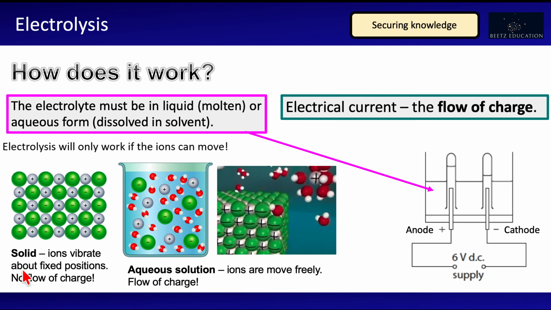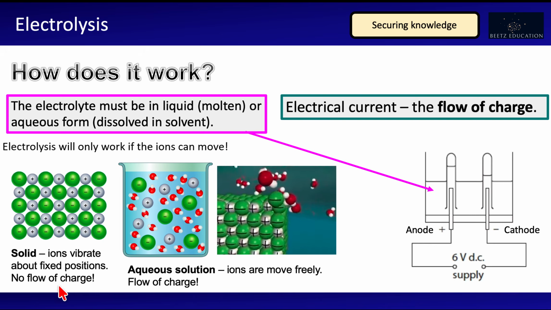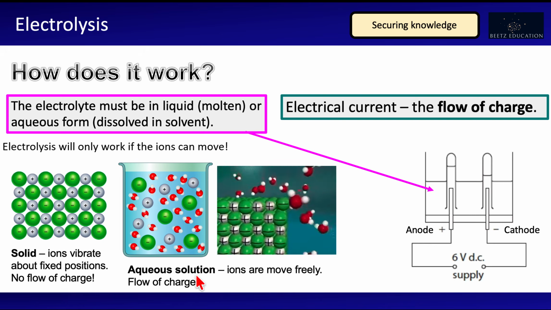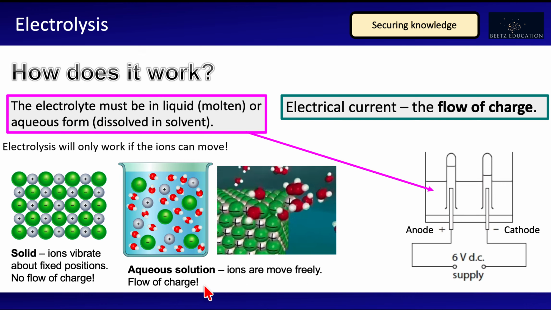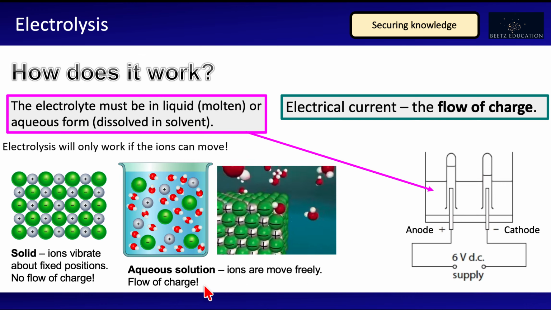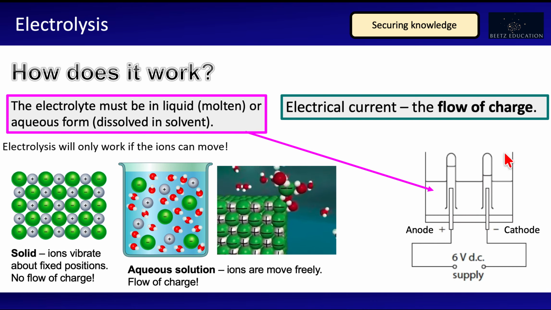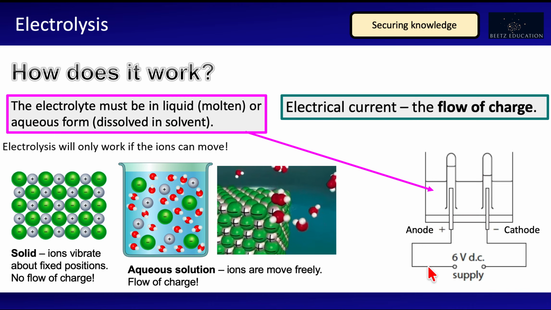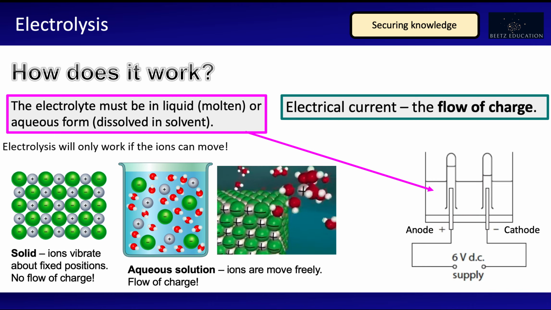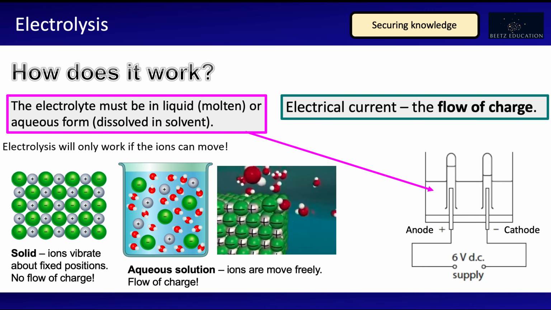So there's no flow of charge. For something like an aqueous solution, the ions are now free to move, so there is a flow of charge. We'll have a little look at the electrolytic cell in a moment and see what actually happens to the ions and how they carry that charge to complete the circuit.